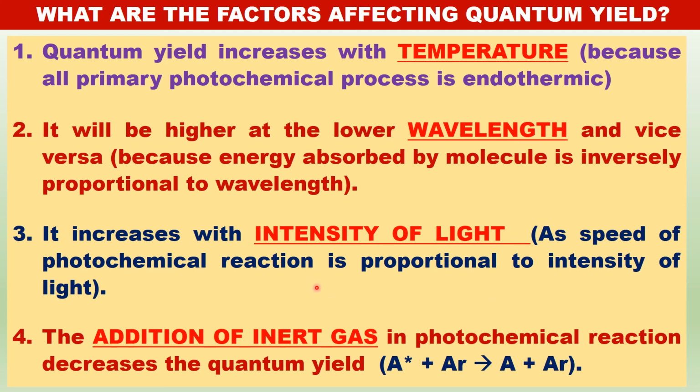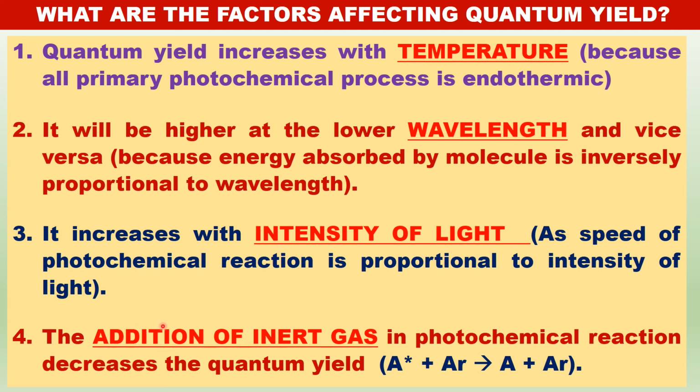If one molecule absorbs two photons because of the highly intense laser beam, then it is called a biphotonic process. If one molecule absorbs many photons, then it is called a multiphotonic process.